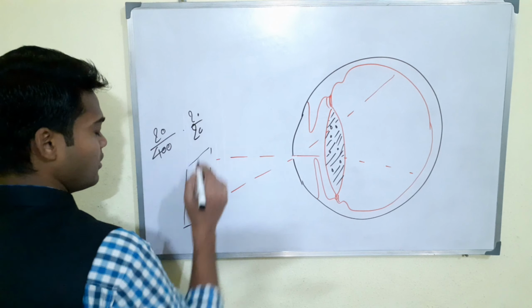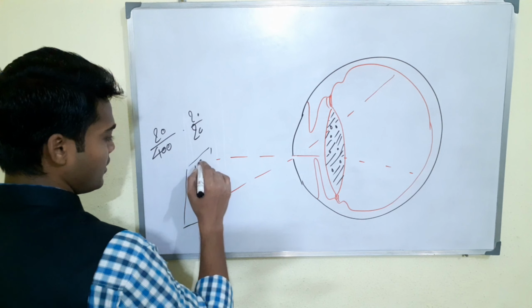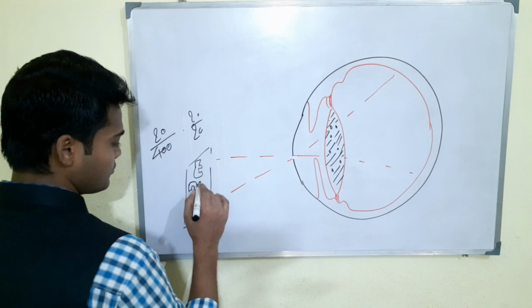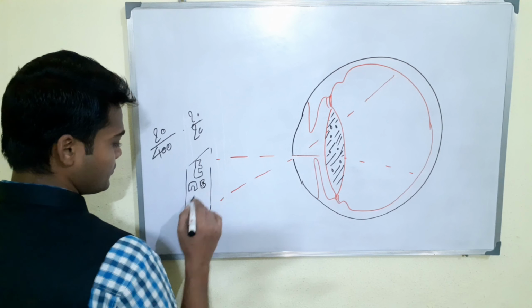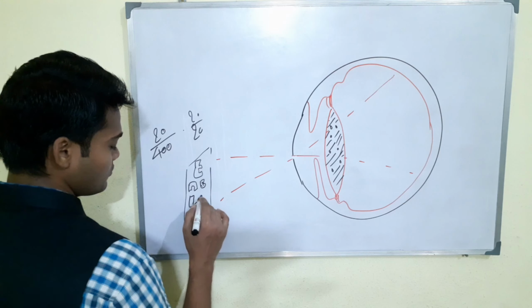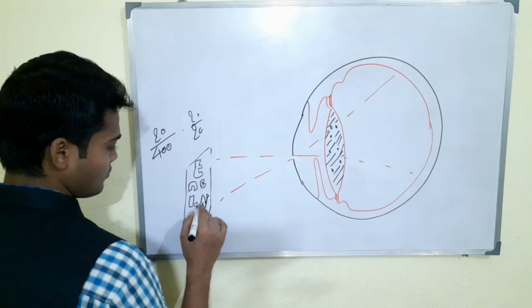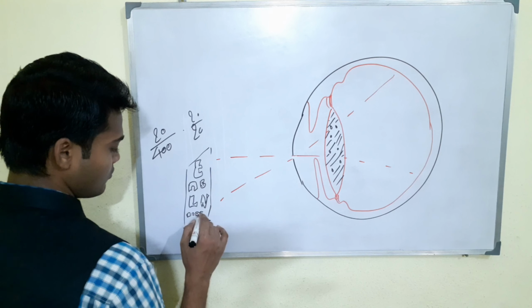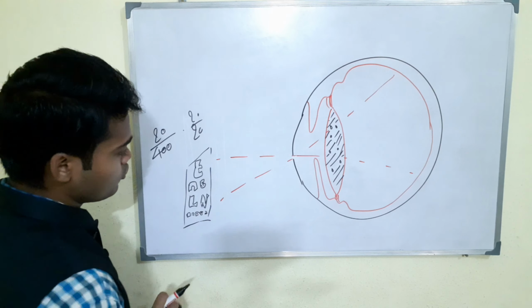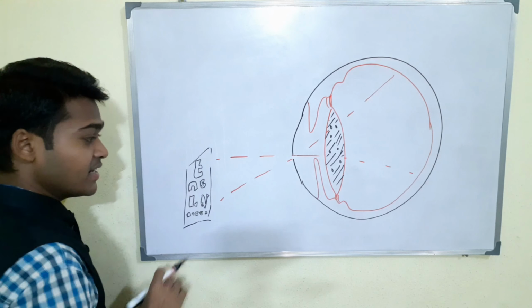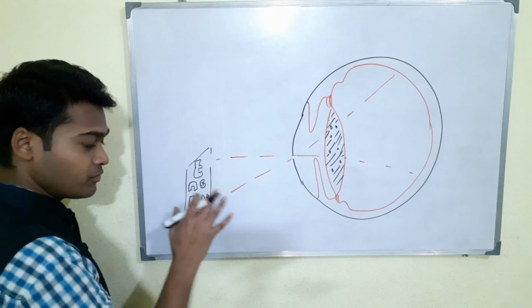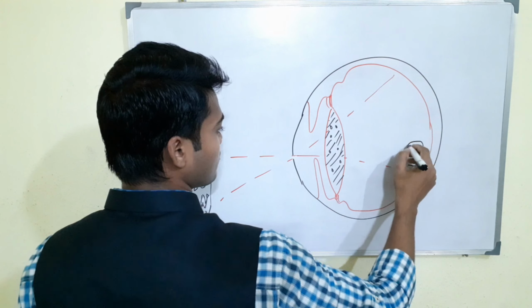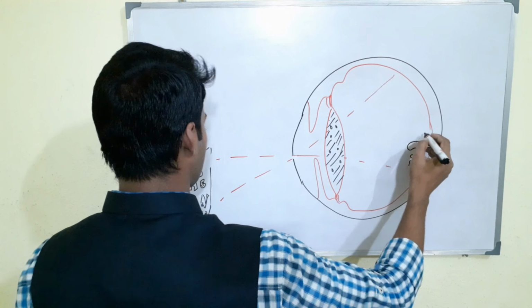Just assume here is this type of chart. So if the patient can see any letter of this chart, the same value is formed like this.